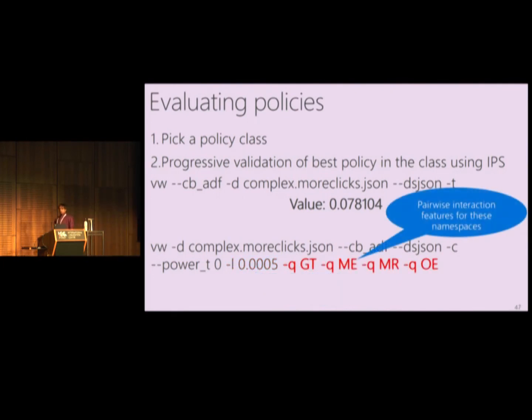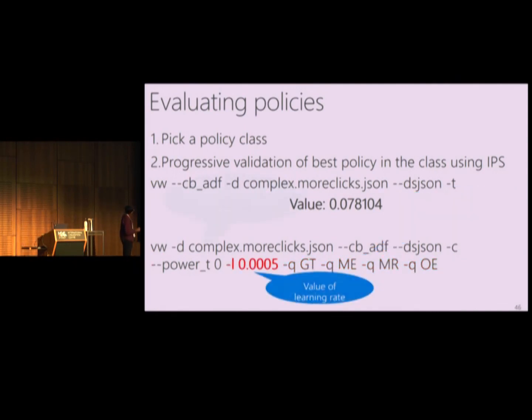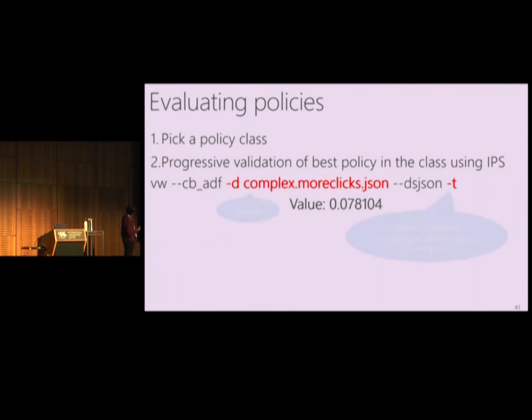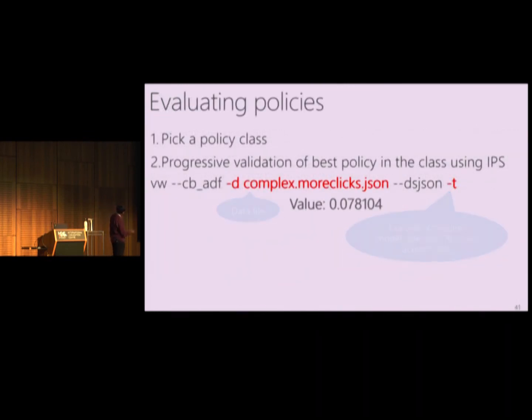Finally, the policy class. I'm going to use a linear policy. One thing I want to highlight is that, as you can see, there are different groups of features, and each group starts with a capital letter, so we use that letter to refer to that group in this command line.